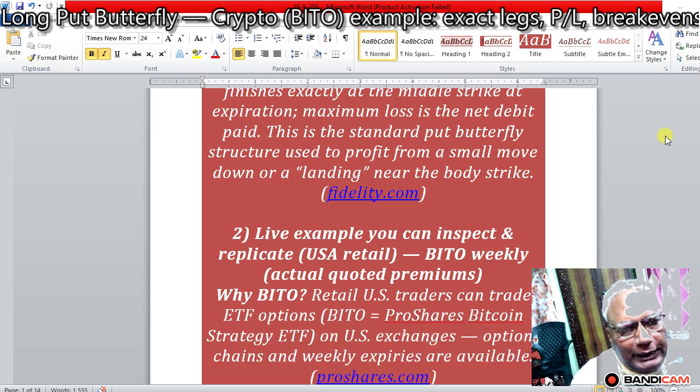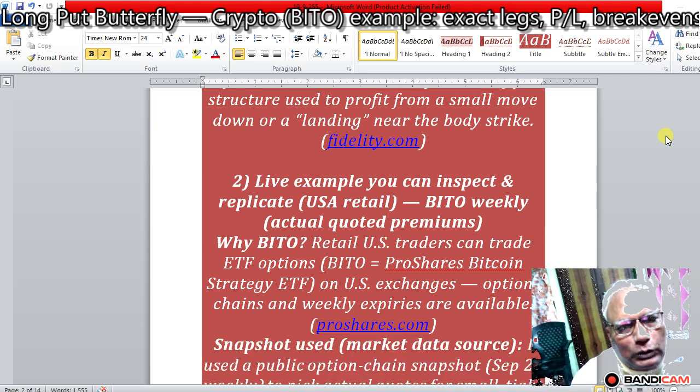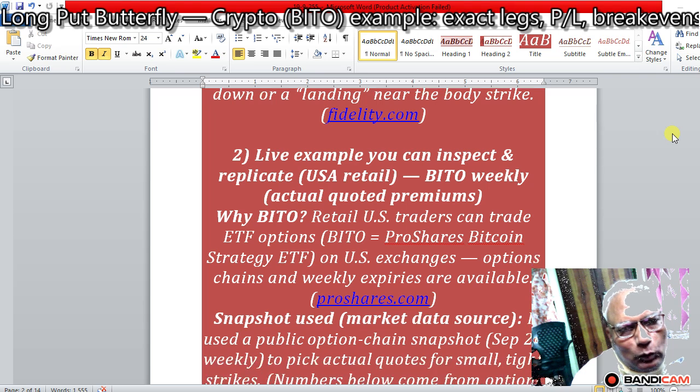You will find the live example. You can inspect and replicate it using actual quoted BITO weekly premiums for US retail. Why BITO? Retail US traders can trade ETF options.